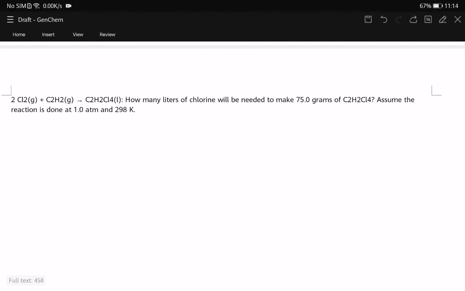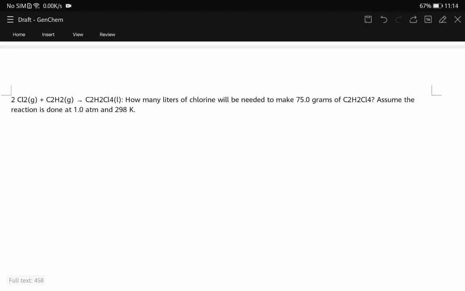How many liters of chlorine will be needed to make 75 grams of tetrachloroethane? Assume the reaction is done at 1 atmosphere and 298 Kelvin.